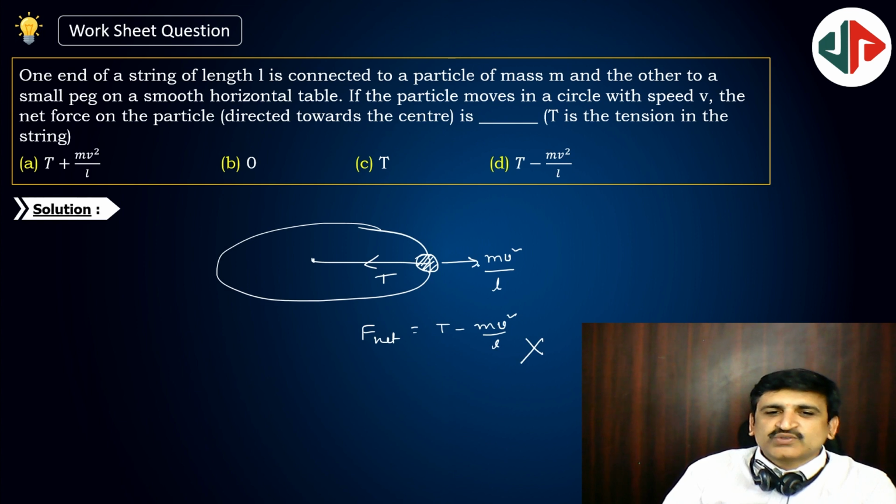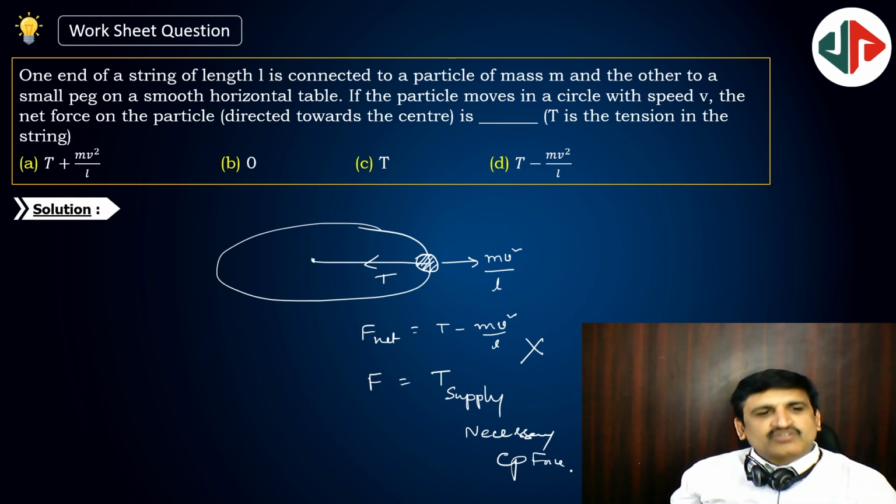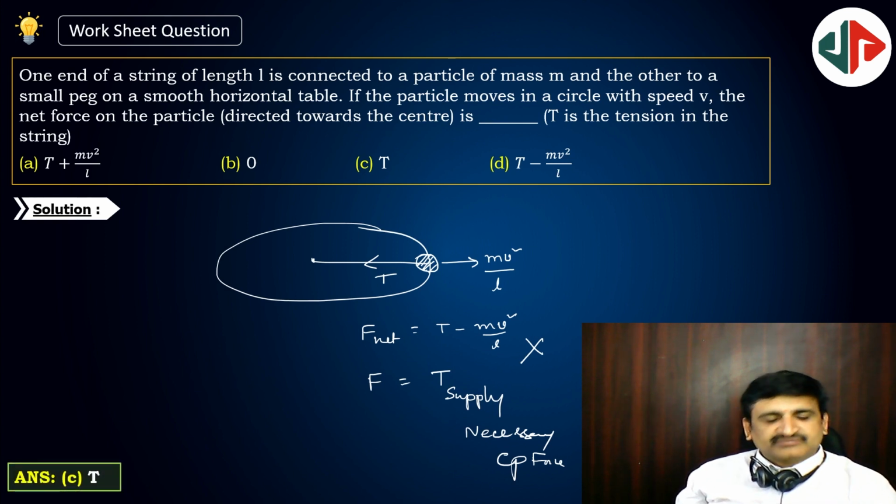Because this is a pseudo force. The real forces acting on it give F equal to T only. That only supplies the necessary centripetal force. So the force acting on it is the tension T.